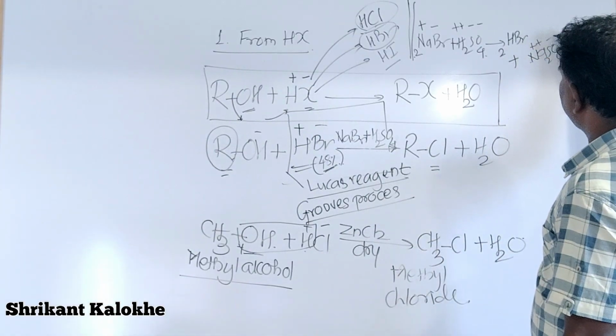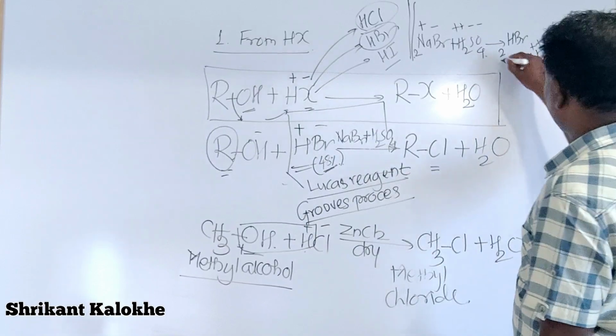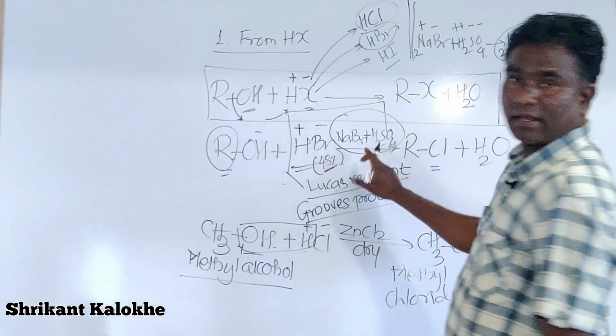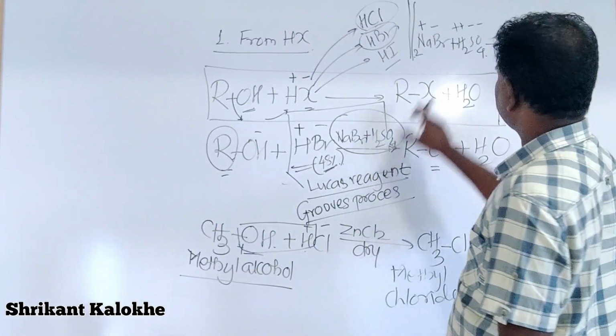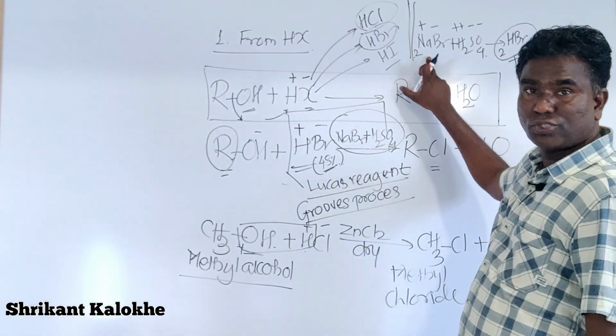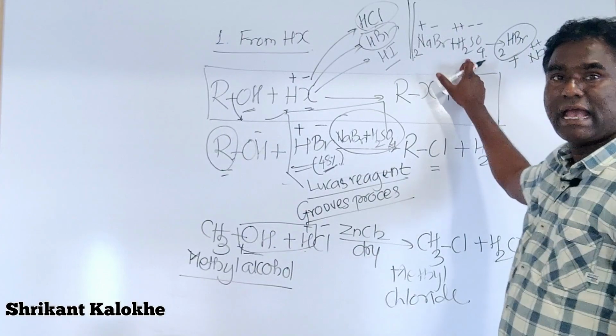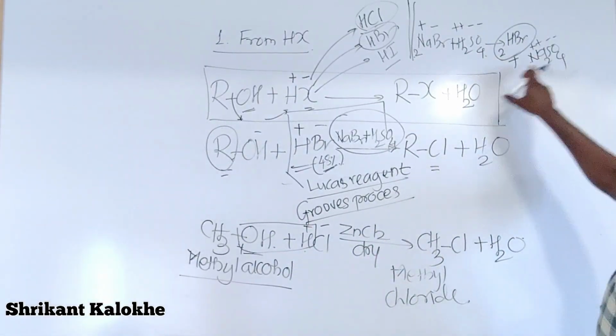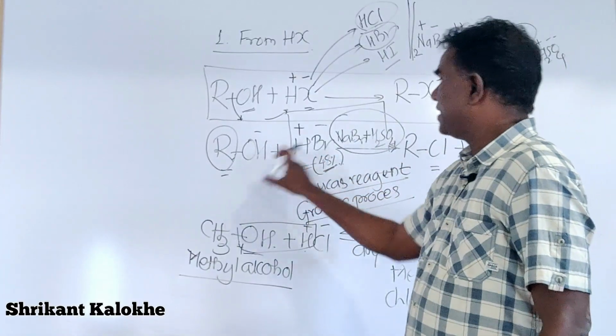Na2 means twice Na plus with SO4 minus minus. So this mixture of NaBr and sulfuric acid reacts to give 2HBr and Na2SO4.